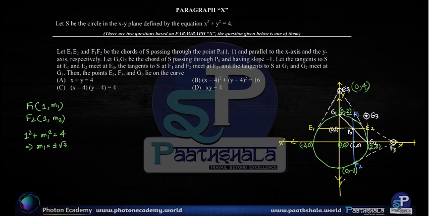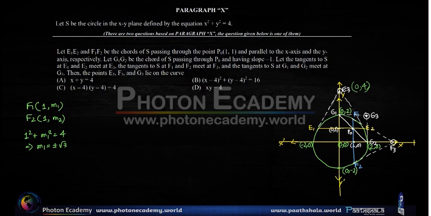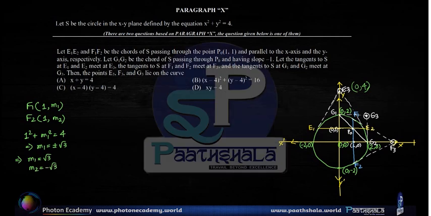We consider F1 above the x-axis and F2 below the x-axis. That implies m1 is equal to root 3 and m2 is equal to minus root 3. So the point F1 is 1 comma root 3 and F2 is 1 comma minus root 3.